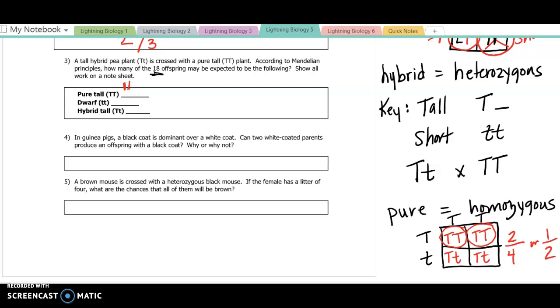But you know what? I'm not asking for the percentage. I'm actually asking about the number out of 18. And so 1/2 here, if my pen has kind of died on me.